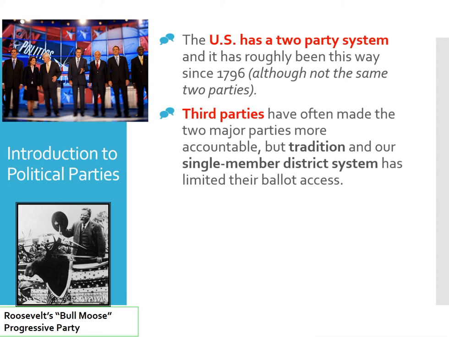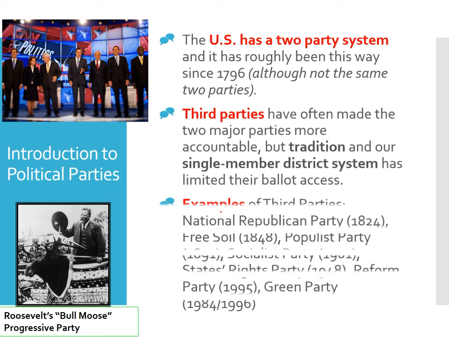But we are at that point where we can talk about the ways in which third parties have also played this critical role in pushing the main parties, getting issues on the ballot, even though they have a difficult time getting their candidates elected to office because of the dominance of the two main parties.